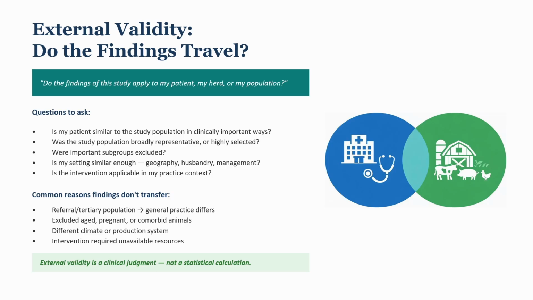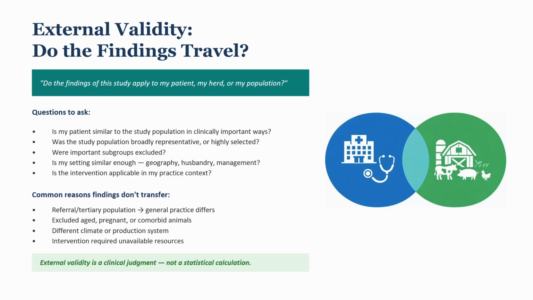Is the study population broadly representative of the population you're treating, or was it highly selected? Referral cases, single breed, narrow age range, no comorbidities? Common reasons findings fail to transfer. The study was conducted in a referral or tertiary population where disease severity is higher and case mix is different from general practice.